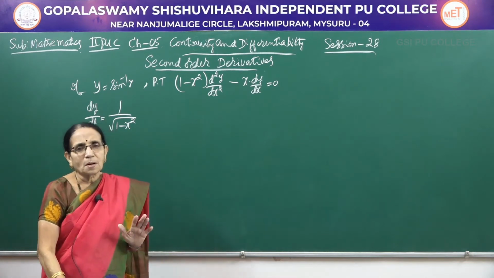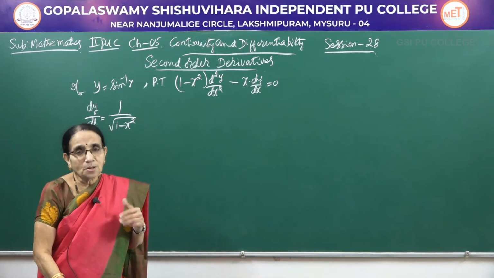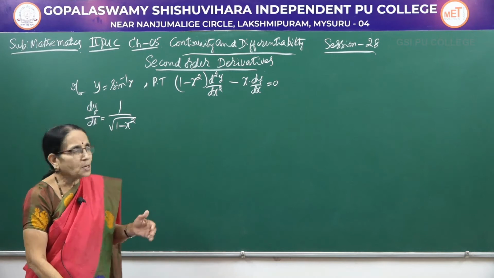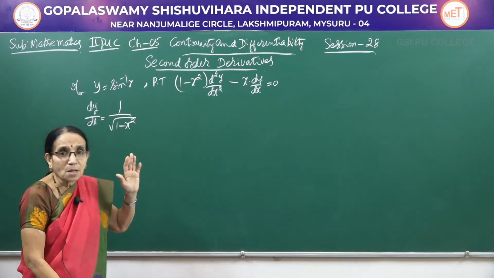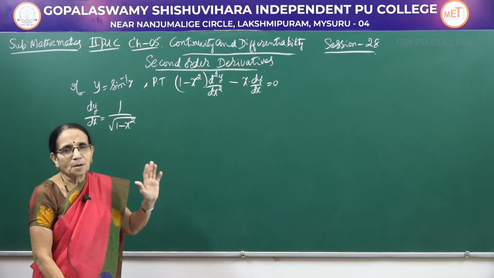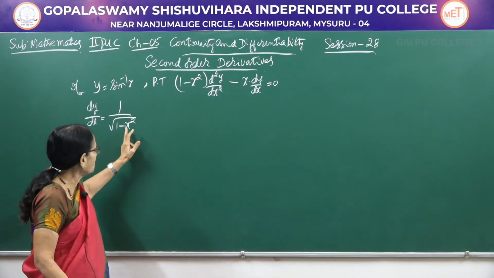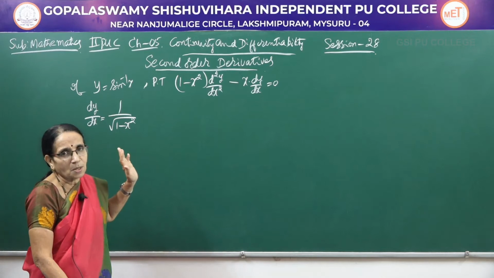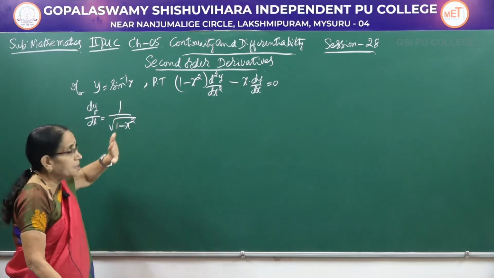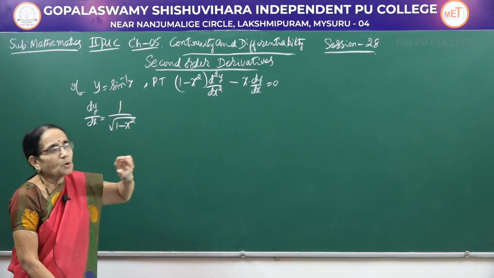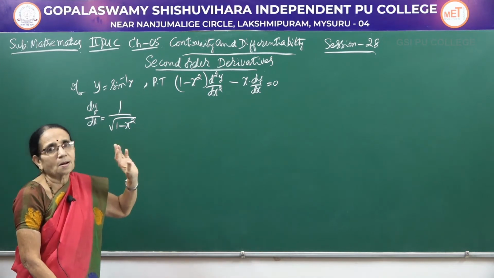I hope you remember, for all the inverse trigonometric functions, when you differentiate, the derivative would be in the denominator. Sin inverse, cos inverse, tan inverse, whatever may be the inverse trigonometric function, the derivative will always have a term in the denominator. So, if you remember this hint, it is easy for you to arrive at the required result directly.